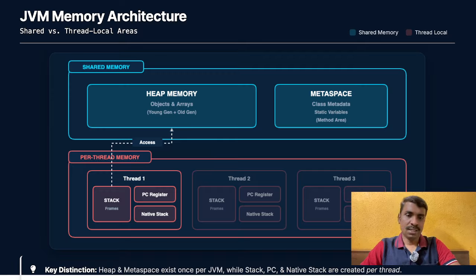Per thread there will be a separate stack, separate PC register, and separate native stack. In the diagram you can understand easily: thread 1, thread 2, thread 3 have separate stack, PC register and native stack. So heap and metaspace exist once per JVM, while stack, PC and native stack are created per thread. It's clear, right?